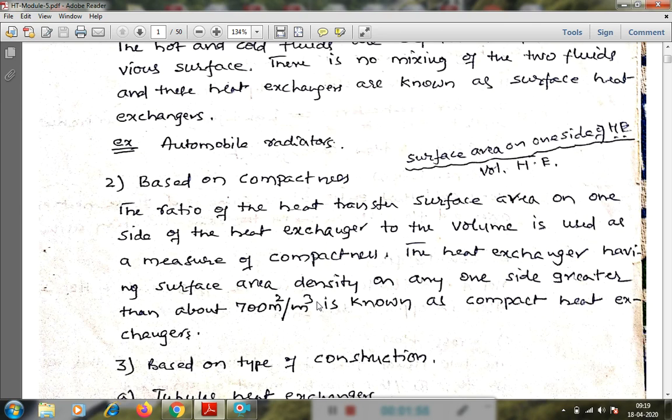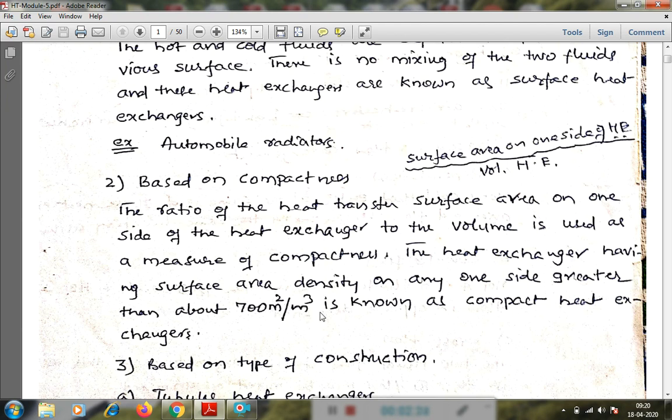Based on compactness, we measure the heat transfer area of the heat exchanger to the volume of the heat exchanger. Here, the one factor we consider is that if any one side surface area is about 700 meter square per meter cube, it is known as a compact heat exchanger.